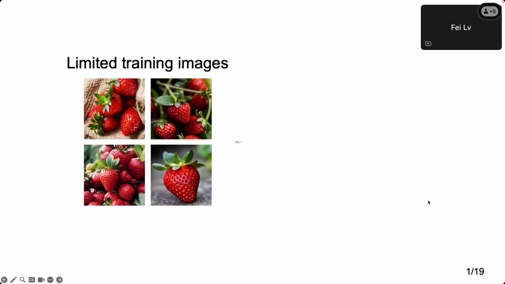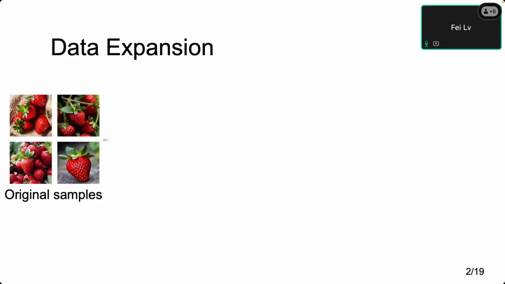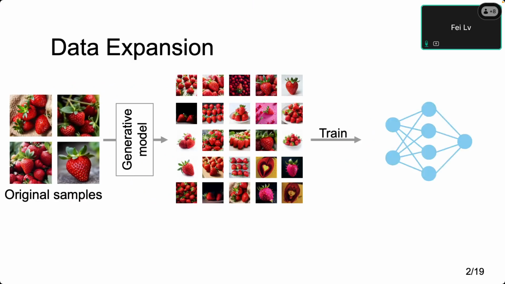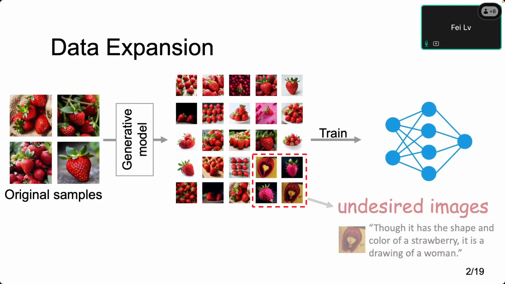The performance of computer vision models in certain real-world applications is limited by the small number of available images. Expanding datasets using pre-trained generative models is an effective way to address this limitation. However, since the automatic generation process is uncontrollable, the generated images are usually limited in diversity, and some of them are undesired.